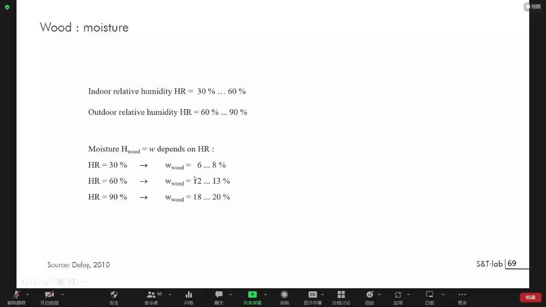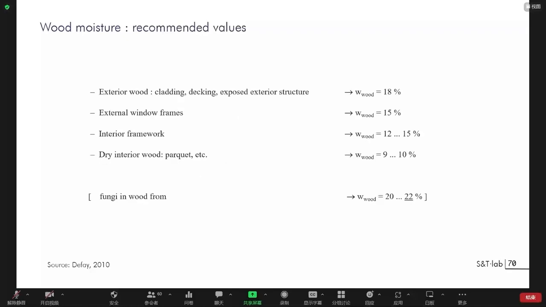So classically inside we are around 12% for timber from a framework, for instance. And to reach this level, the question will be raised whether we want to dry artificially, using energy for this or not, since it will change the balance of the environmental impact of your timber.